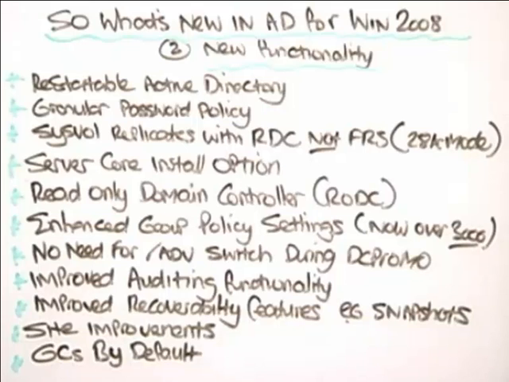However, this feature is only available in Windows Server 2008 Forest Functional Mode. Sysvol, as you can see, now replicates with the remote differential compression rather than the old File Replication Service of previous versions of Windows.